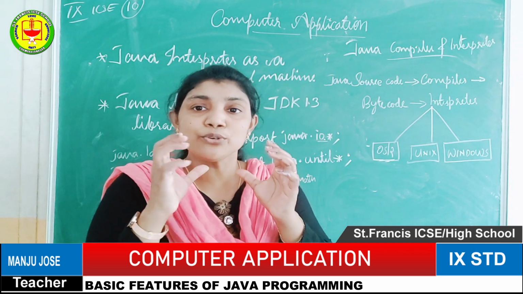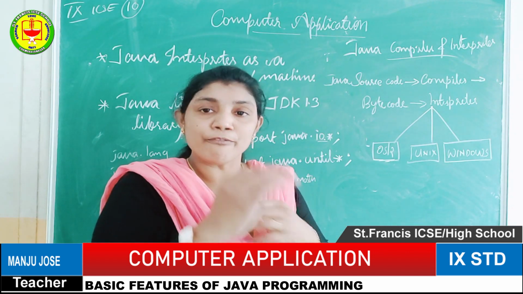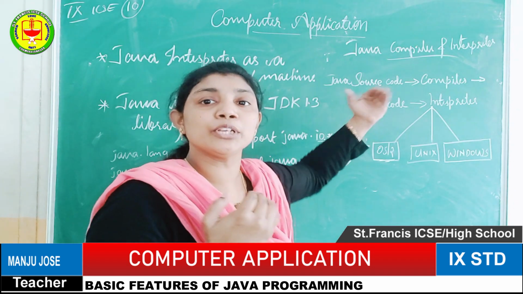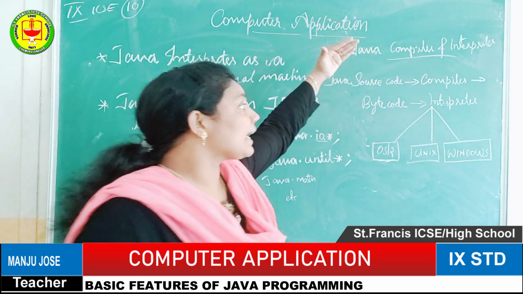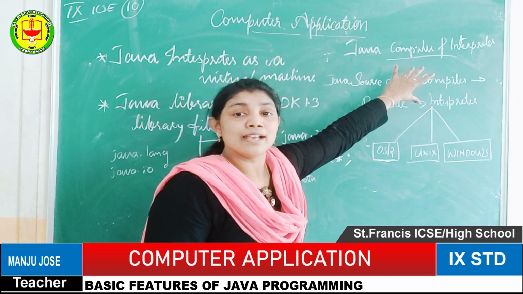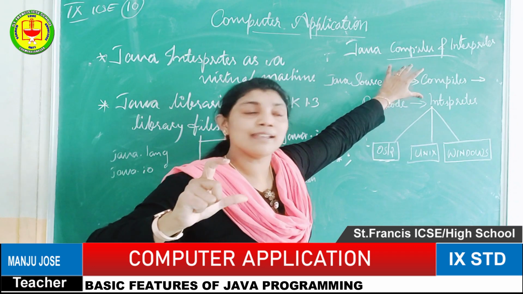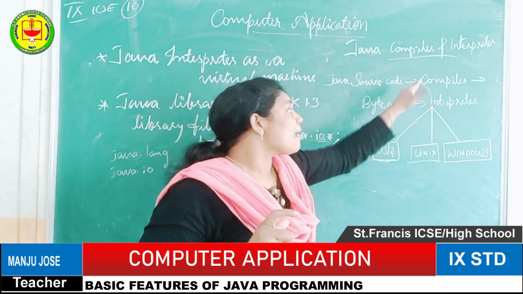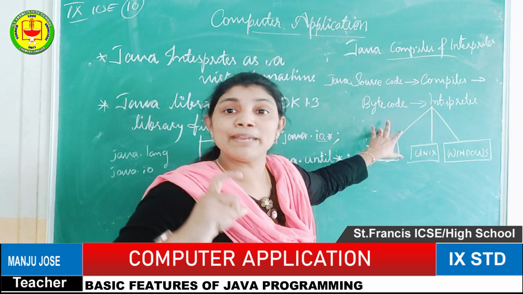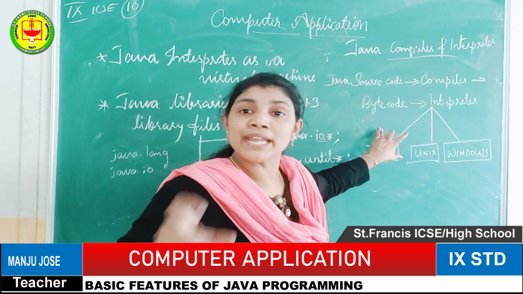So the user corrects the program statement, and after correction, gives it to the compiler again. Then the compiler does the compilation again. If all the statements are correct, the compiler translates all the source code to bytecode format, that is the machine-understandable format. It is called bytecode or binary format.